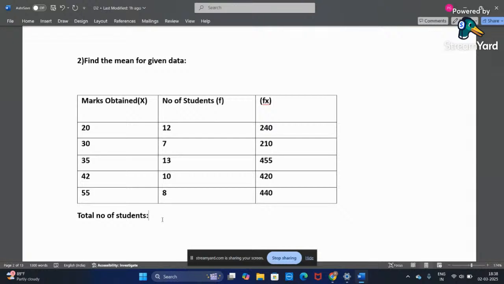What is the total number of students here? It is 50, right?